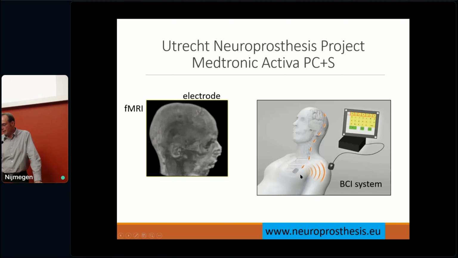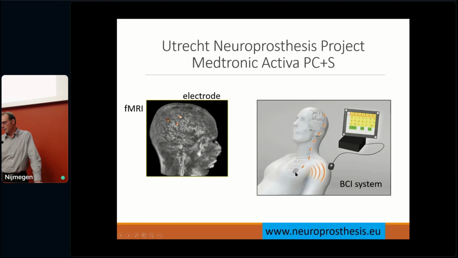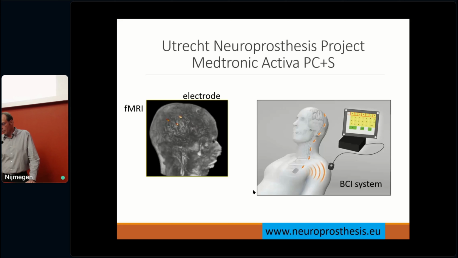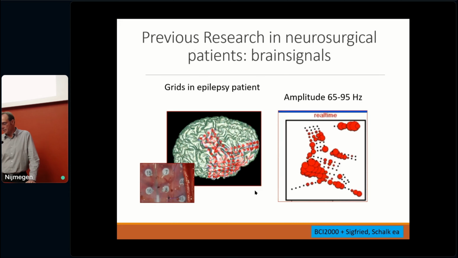So the system is completely implanted. The unit here amplifies and transmits the signal wirelessly, so you don't have anything coming out of the skin. And what for our participants was extremely important, you can't see anything on the outside, absolutely nothing. So they don't look even more weird than they do because of the disease.